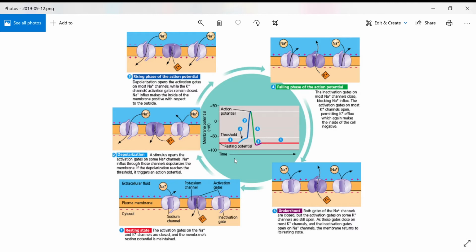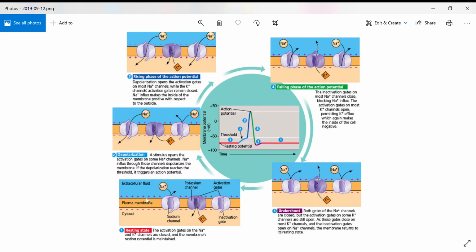It's always around this during the resting potential, and the way that it regulates it is there's an ion pump that pumps sodium and potassium ions in and out of the cell to keep the cell at this negative 70 millivolts. It's not shown in this picture, but it is there, and the whole purpose of it is to maintain that resting potential.